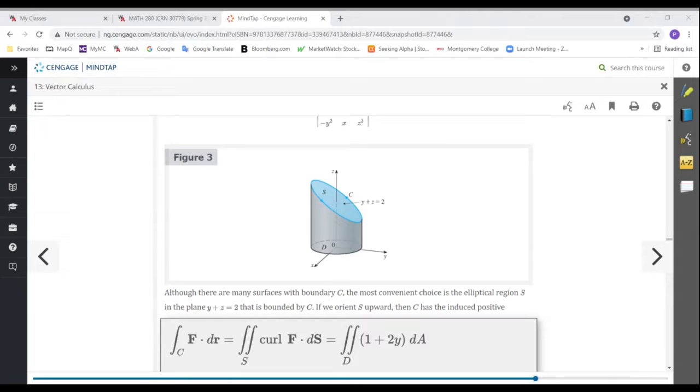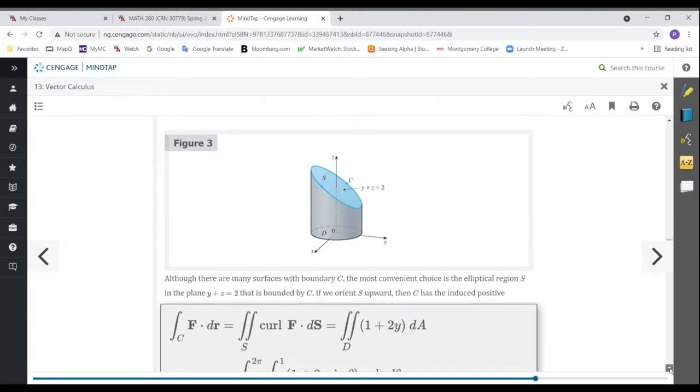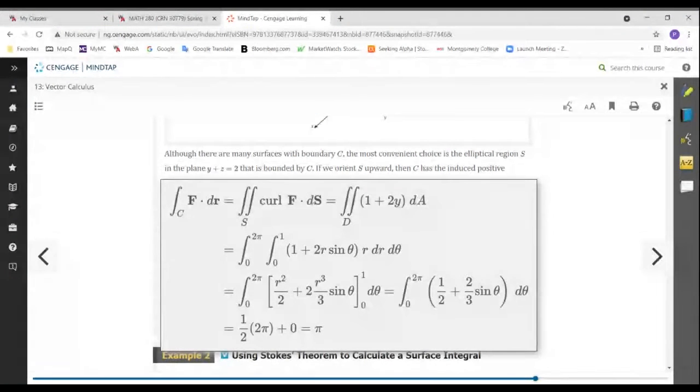Okay, you get a circle with radius 1. Right? And so polar coordinates is the way to go. And so when you work this double integral out, you're going to get pi. Okay, you're going to get value pi.